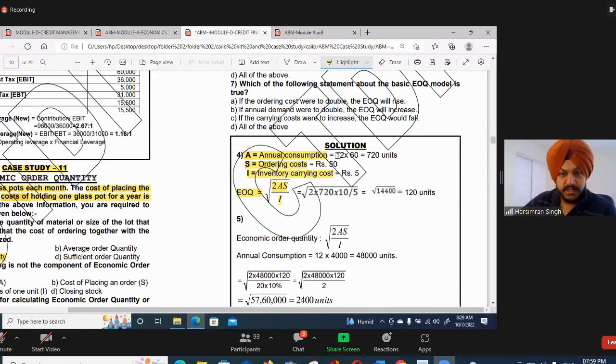So in 12 months, it will sell 720 units. Ordering cost is 50. And cost to hold one pot for 1 year is 5 rupees. So you will put these values. So 2AS, S is 50. Just make a change over here. This is written wrong over here. Just make this S is 50 divided by 5. So this will be 14,400. Under root of this is 120 units.